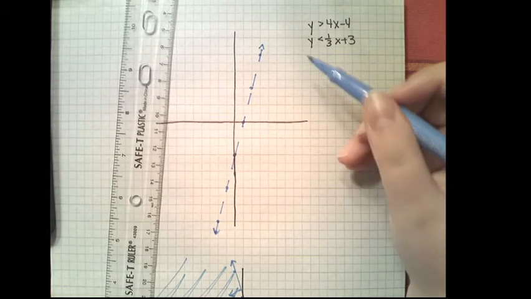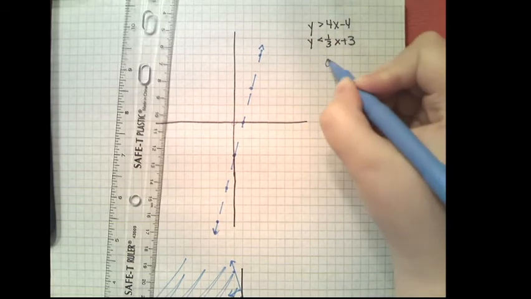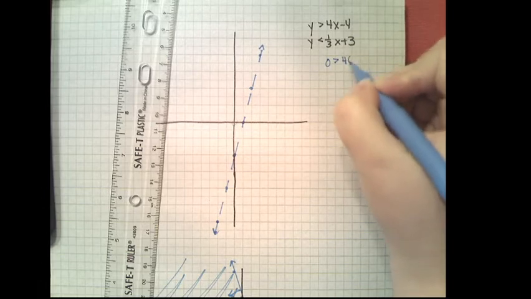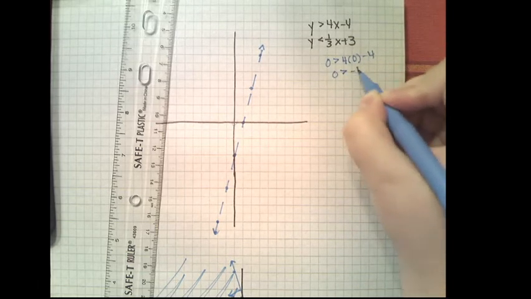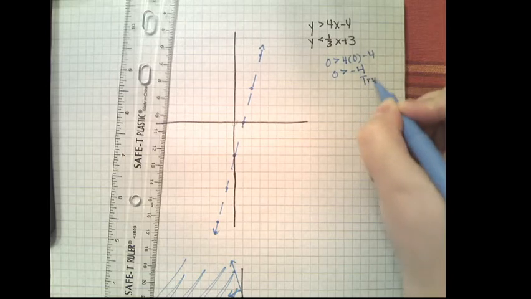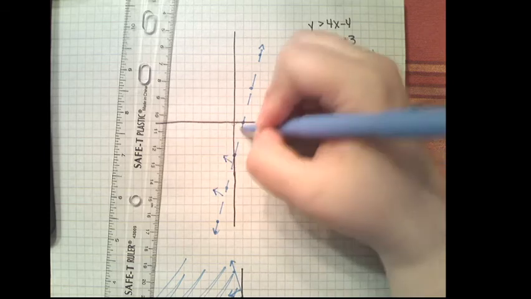I'm just going to do my test point right away. I'm going to do 0, 0. 0 is greater than 4 times 0 minus 4. 0 is greater than negative 4. That's true. So we must be pointing towards 0, 0.